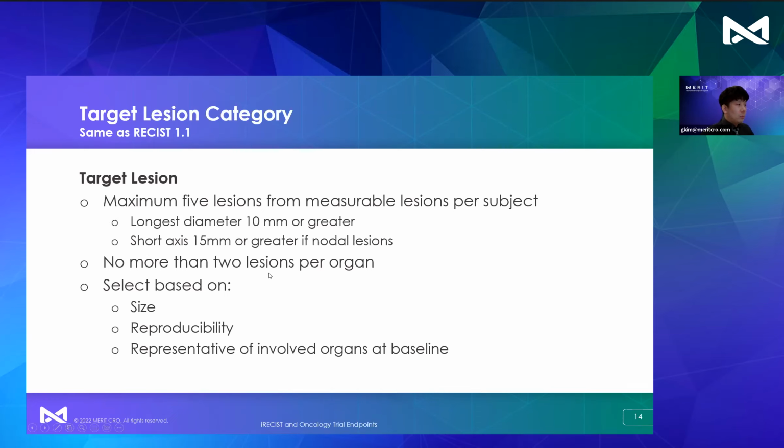No more than two lesions per organ still stays the same. And the selection criteria for target lesions are also the same, which should be based upon size and reproducibility. Those target lesions will be representative of the organs or the subject or the disease type at baseline.